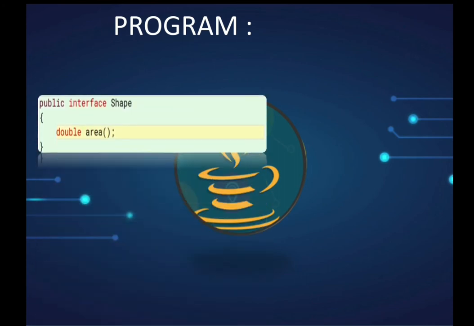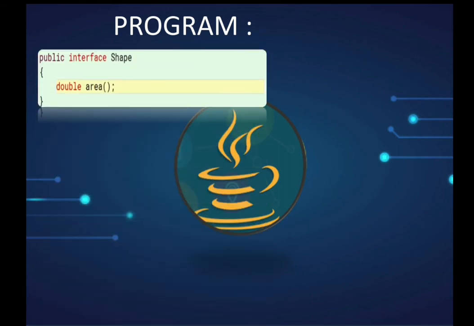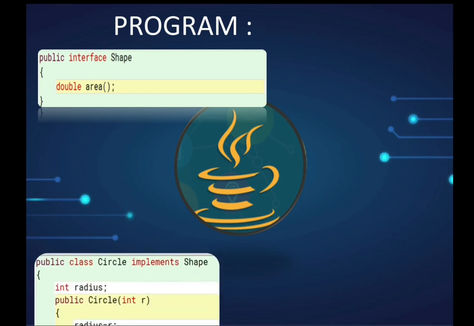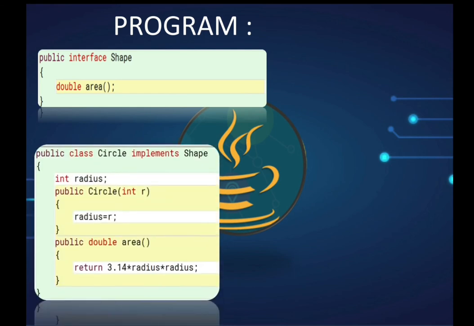See, interface shape with the function double area, function bracket open close semicolon. I'm writing it just in this manner, or you can write public abstract double area. And then we have a class that is circle. Circle implements shape, means we are inheriting shape in circle, and we have a data member radius, a parameterized constructor which stores r into radius, and then we have a function double area.